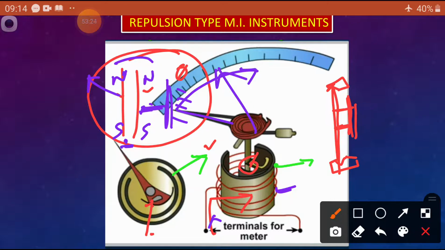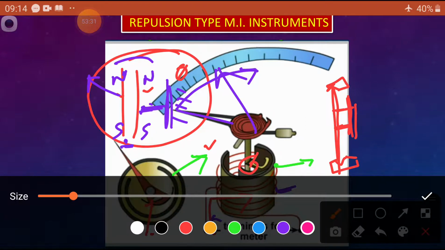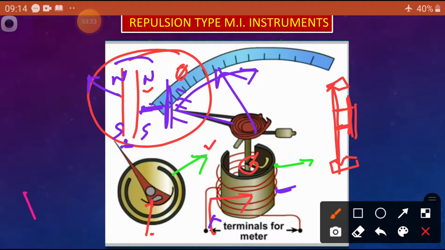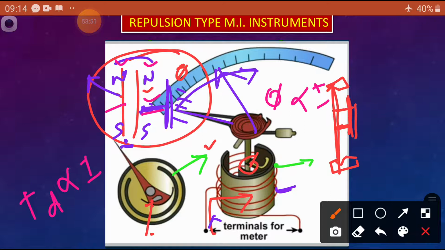Here also, there are two magnets, so the deflecting torque TD is directly proportional to the flux of this one and the flux of that one, one stationary and one moving. Each depends on the magnetic field, which depends upon the current I. So that is I into I, which is I square.